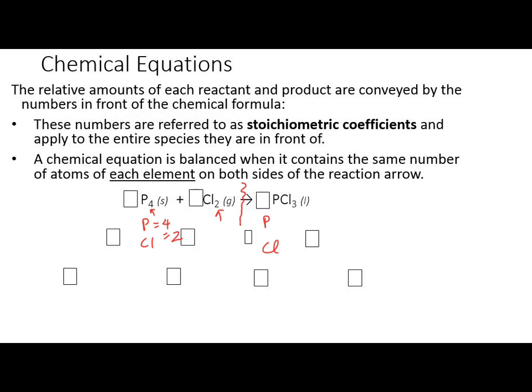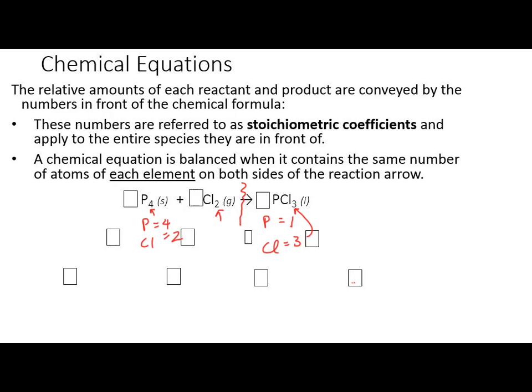Then on the product side, I only have 1 P in PCl3, and I've got 3 Cls. Right? So it's a great equation, but it's unbalanced at this point.